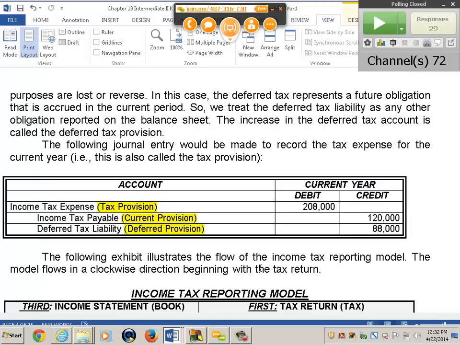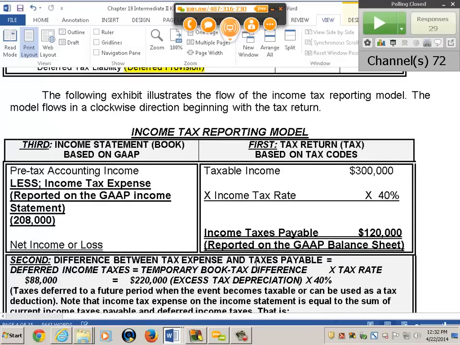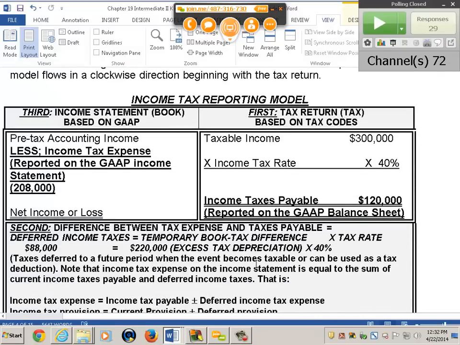In reality, this is the only way you should build a tax provision. You really should not multiply GAAP income by a tax rate. In other words, when you look at the tax reporting model, the first thing you should do is either get the tax return from the client, or within your firm, they do the tax return. So that's 120.